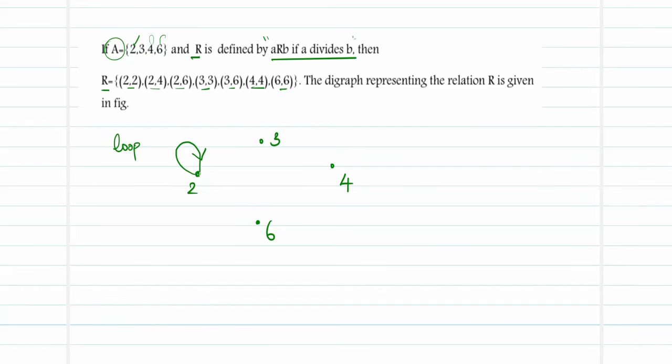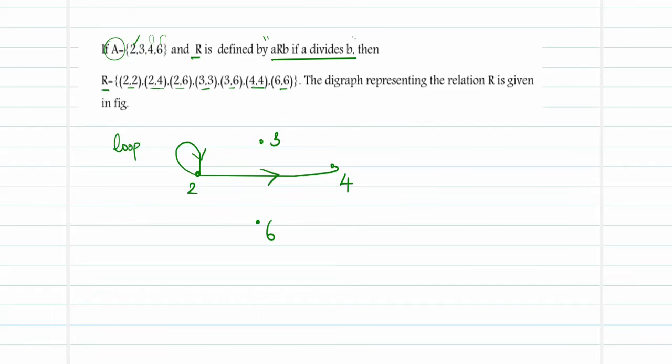So this arc is a loop. Next, I draw an edge from 2 to 4. The arrow is placed in such a way that it starts from the first element and reaches the second element. So the direction of flow is from 2 to 4.